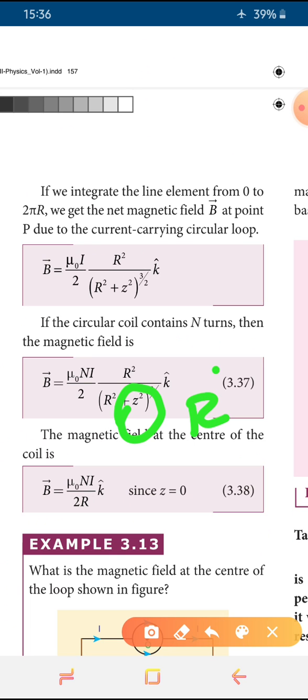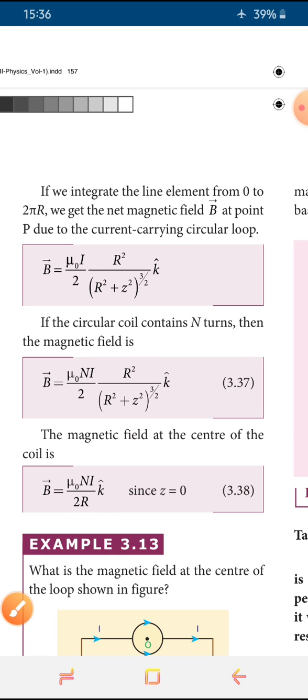R square is already there above, and this R square and R cube will get cancelled, and the rest will be capital R. Then the equation will become mu naught N I divided by 2R, K cap, where Z is equal to 0. So we got the final equation for when the point P is placed at the midpoint of the circular coil.